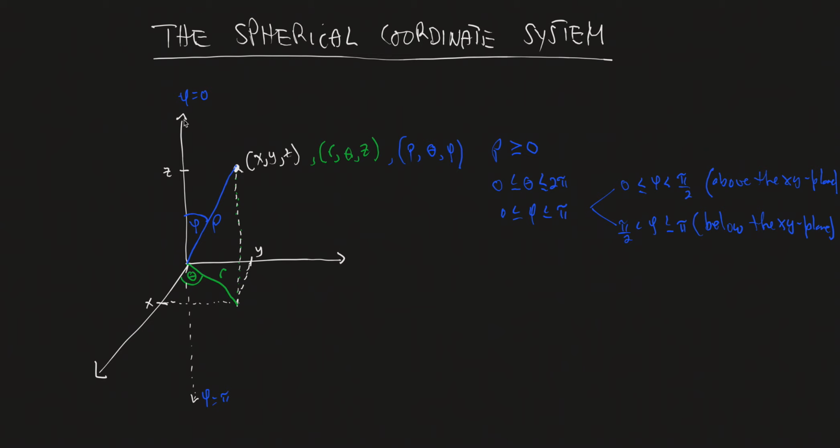Now, because my positive z-axis and this dotted line here going up to the point from the xy plane are parallel, it's a little hard to see, but there is a 90-degree angle right here. Again, because it's parallel to the z-axis.